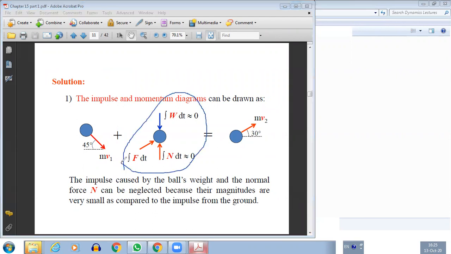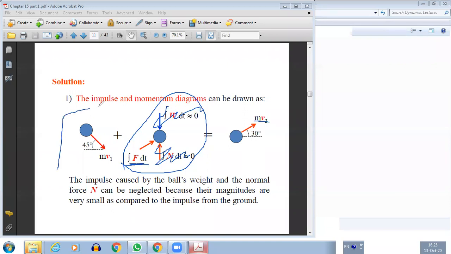Even if you don't draw this, it's okay, but actually what happened is that an impulsive force acted over the object when the strike occurred on the ground. And the final result is that the ball is now moving with mv2 at an angle of 30 degrees.